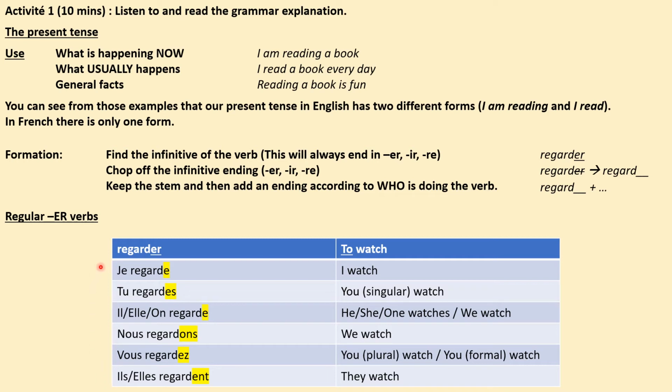Your endings: E, ES, E, ONS, EZ, ENT. You may also have noticed that je, tu, il, and the ils plural form all sound exactly the same. Those endings are silent.